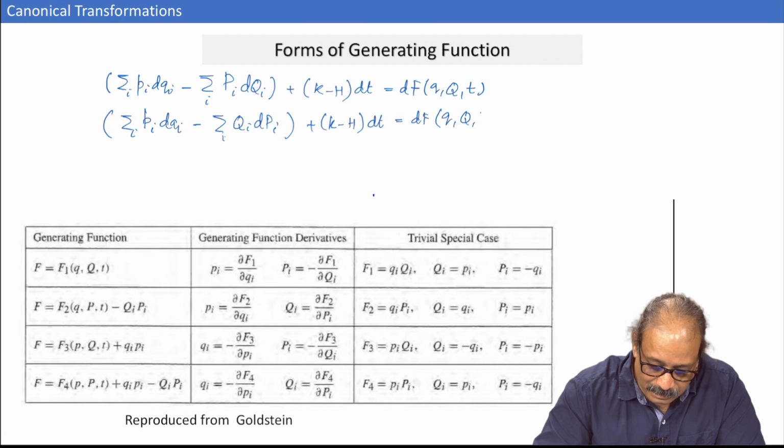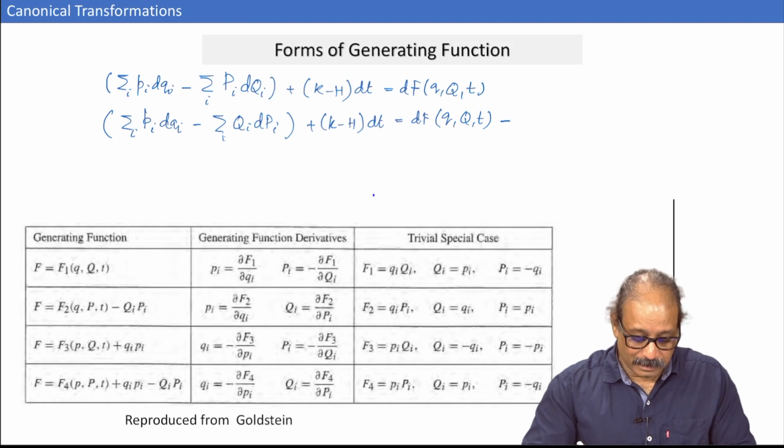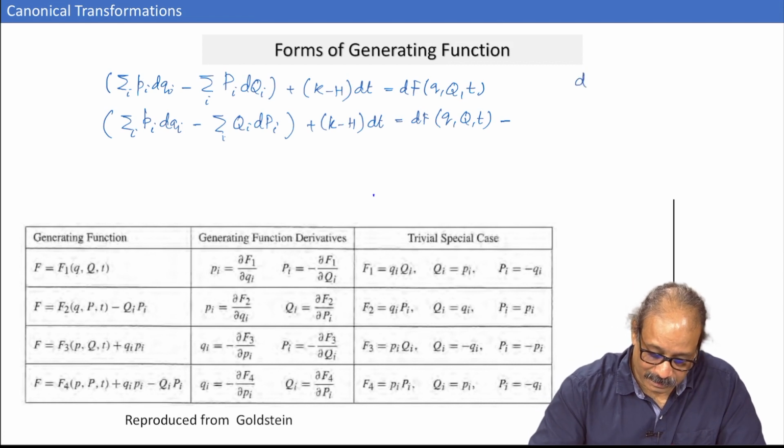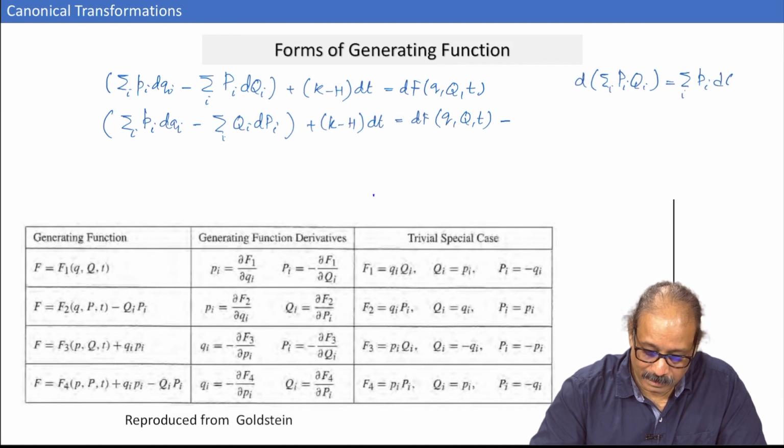This is, remember, a function of q, Q and t, but because I am using this d of sum over i P_i Q_i is simply equal to sum over i P_i dQ_i plus sum over i Q_i dP_i.